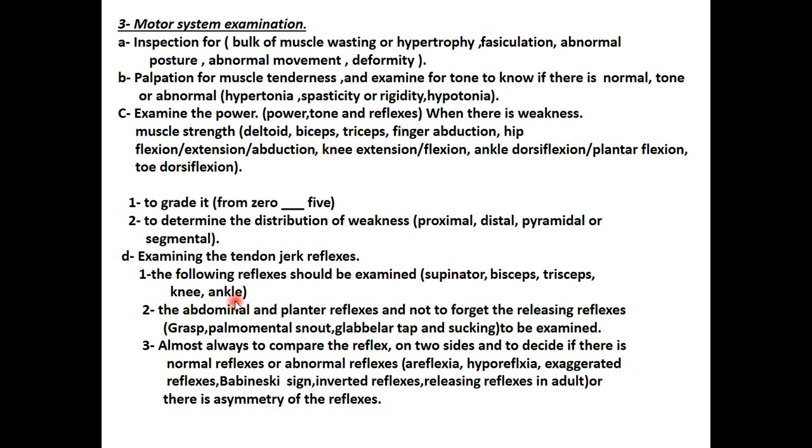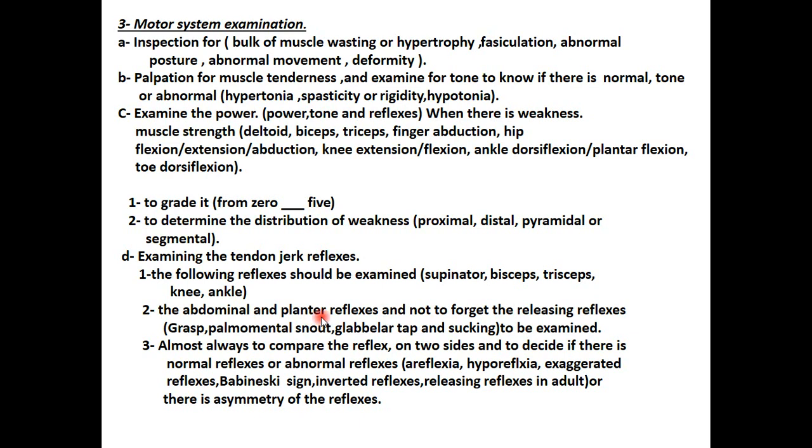We also do abdominal reflexes by scratching on the abdomen, and plantar reflexes, which is the Babinski reflex. In Babinski we see upgoing or downgoing, or sometimes even equivocal. If he has upgoing toe, it means he has an upper motor neuron lesion. Primitive reflexes or releasing reflexes we also do sometimes, especially if the patient is elderly or has dementia, Alzheimer's or a frontal lobe lesion.